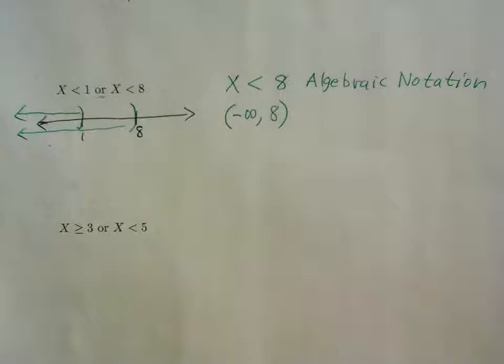So a number x is in the set if it satisfies one condition or the other. Would this be where all real numbers are the answer? All real numbers. Yep. Every real number is in that set.